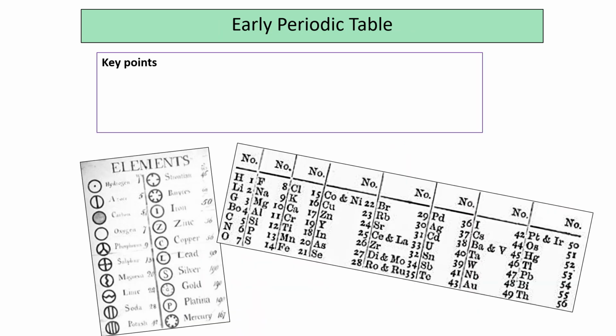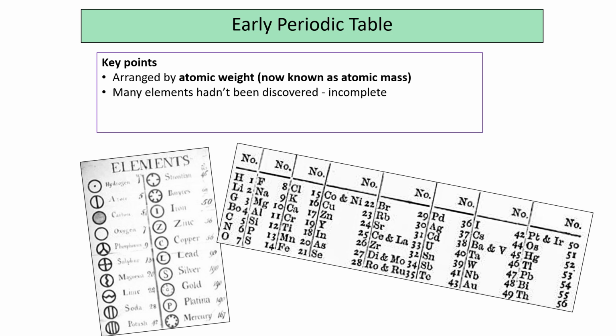The periodic table hasn't always looked this way. Early periodic tables were in fact arranged by atomic weight, which we now know as atomic mass. Many elements hadn't been discovered, the periodic table was incomplete, and many elements were not grouped by their properties.